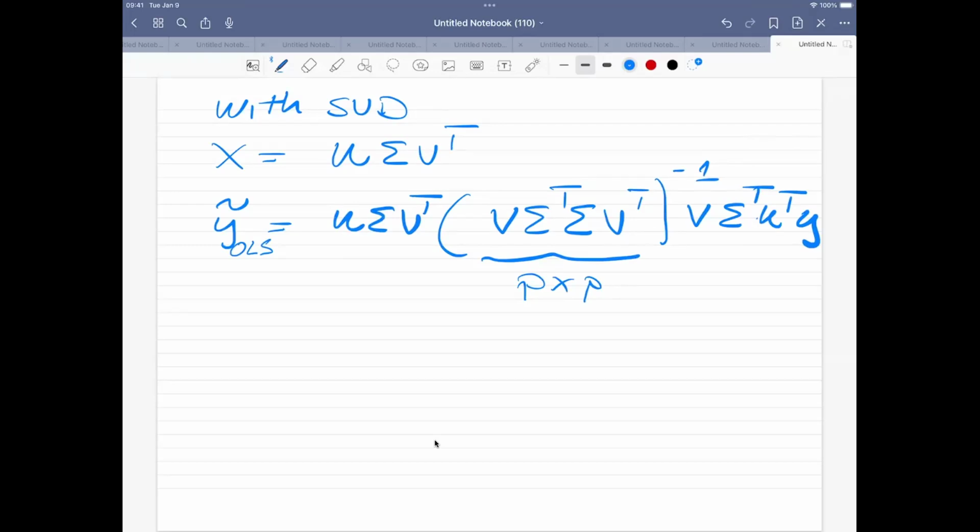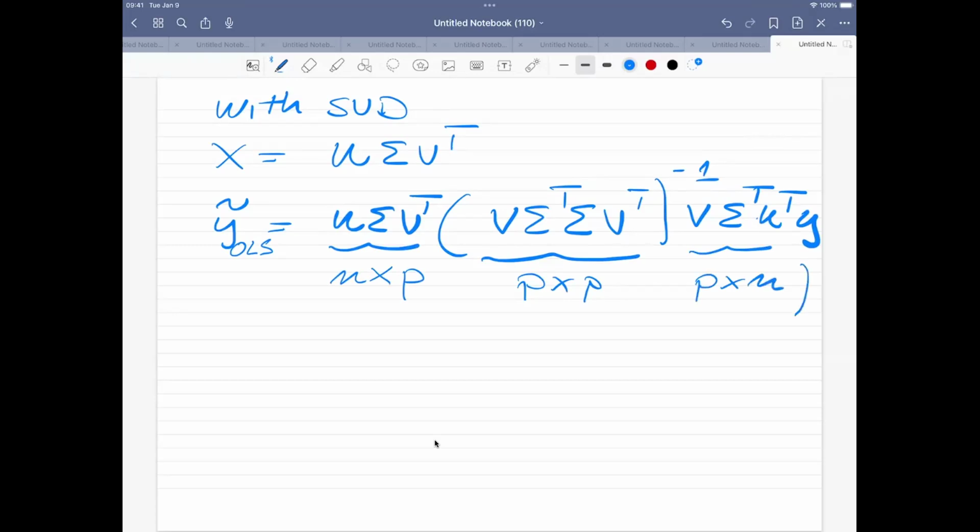Now, we found this matrix here. This is a P by P matrix. Now it's important to keep track of the dimensionalities. This is an N times P, and what you have here is also a P times N matrix.